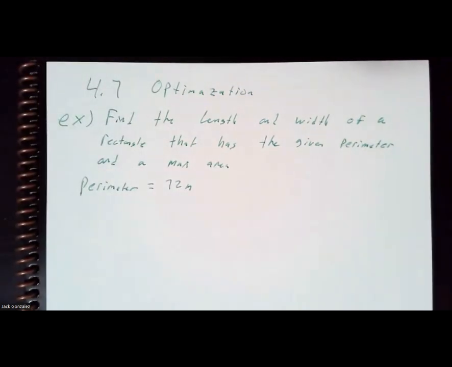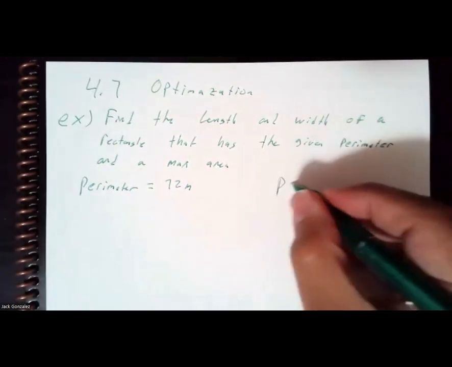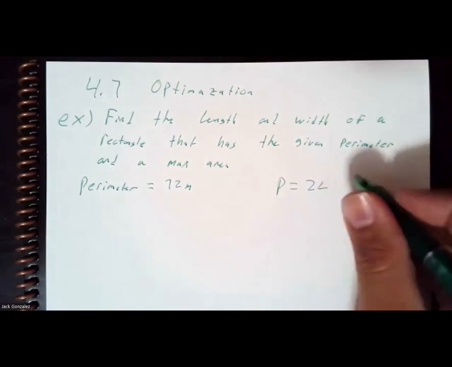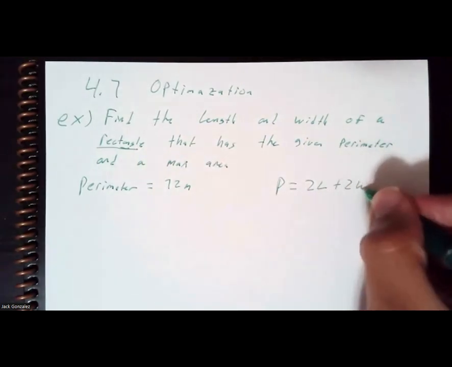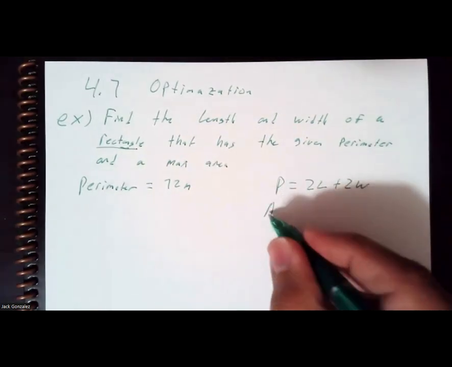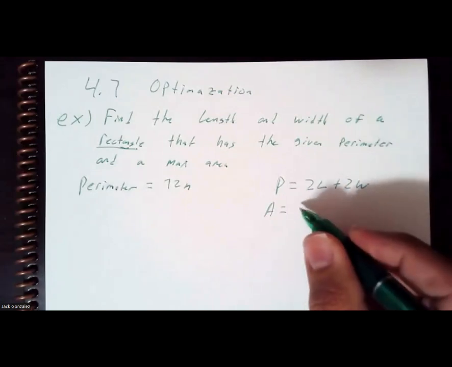In order to do so, we're going to need the perimeter formula for a rectangle and the area formula for a rectangle.